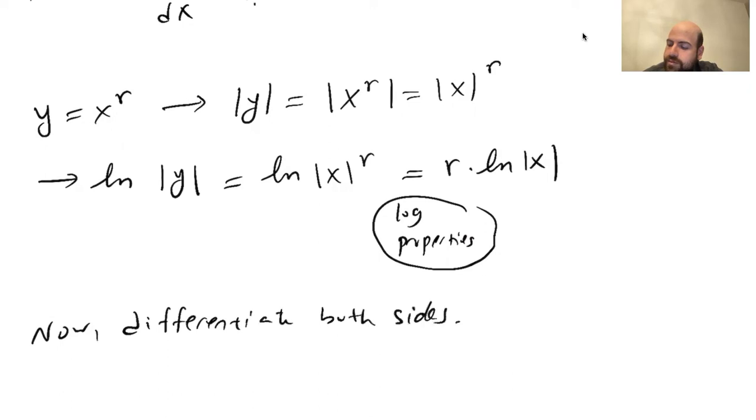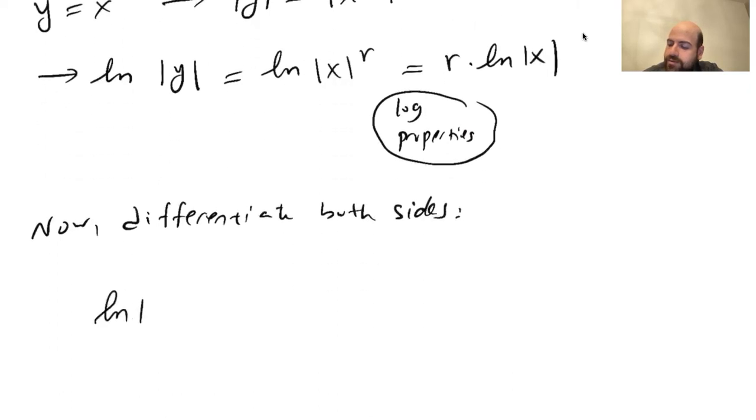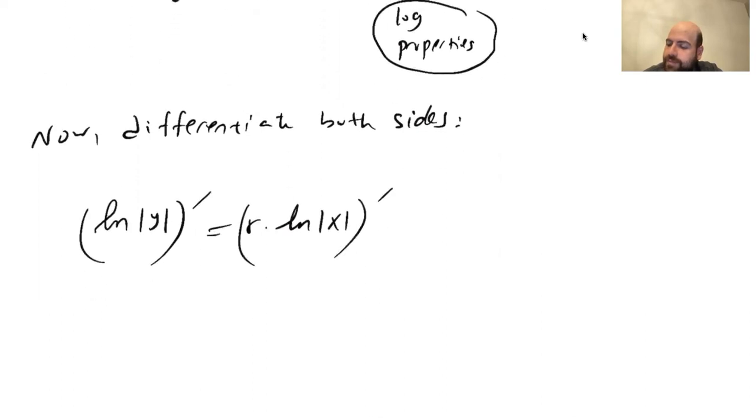So what do we get? We get the derivative of ln absolute value y is equal to r times the derivative of ln absolute value x. Now, ln absolute value y, what is that going to be? Well, we know that the derivative of ln absolute value x is 1 over x.